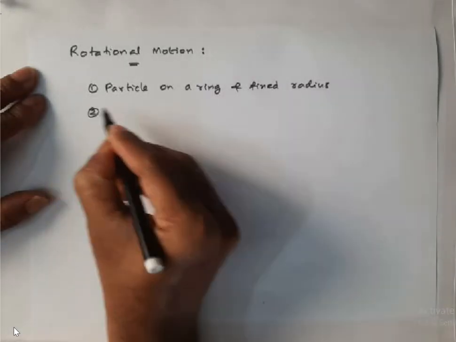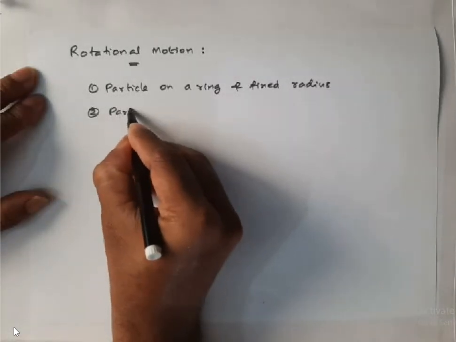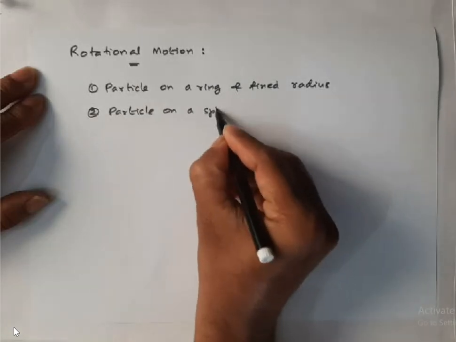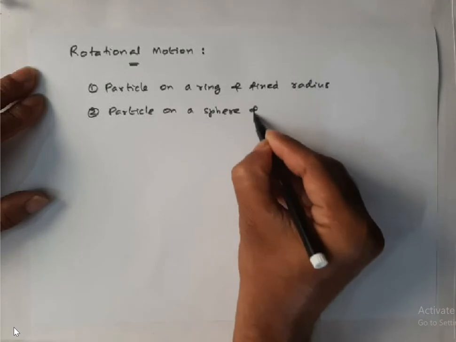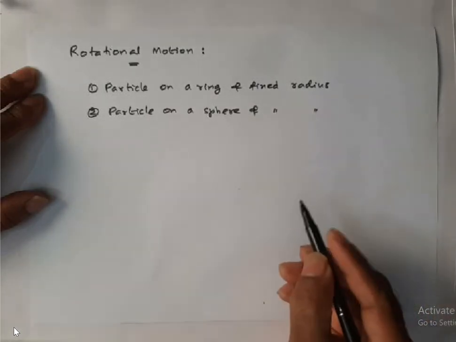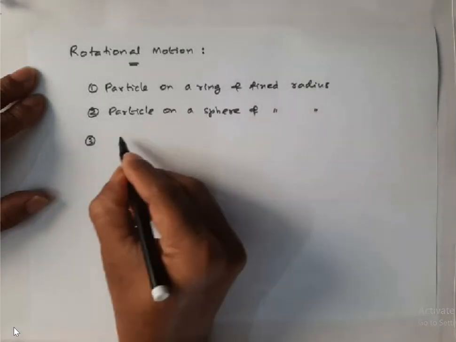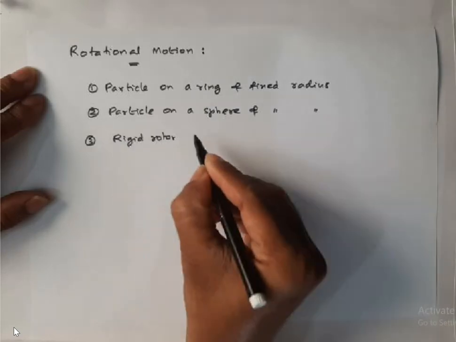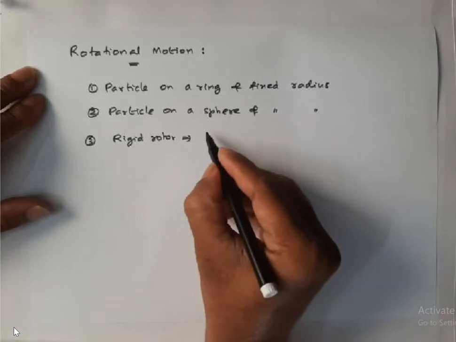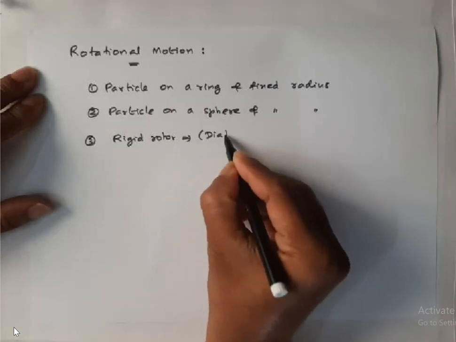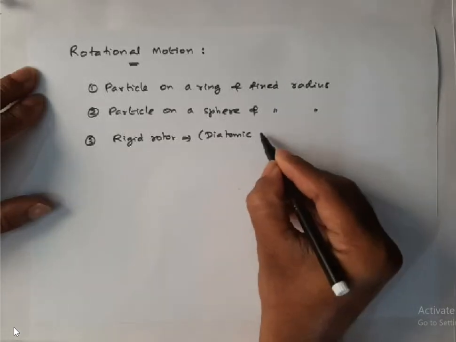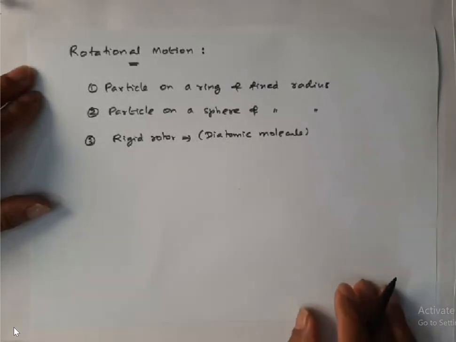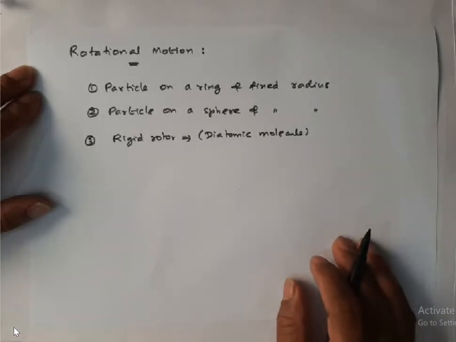Then I'm going to discuss particle on a sphere of fixed radius r. Then I'm going to discuss rigid rotor, and very specifically I'm going to assume a diatomic molecule as rigid rotor. So these are the systems we are going to discuss.